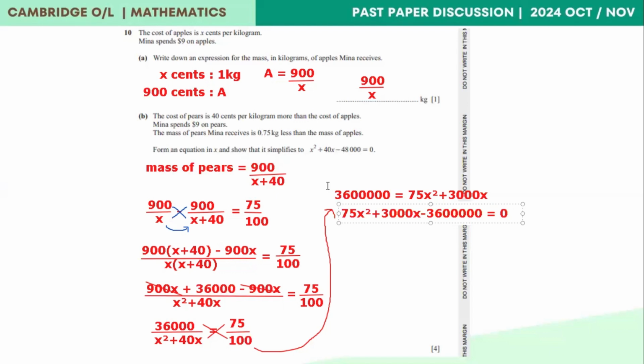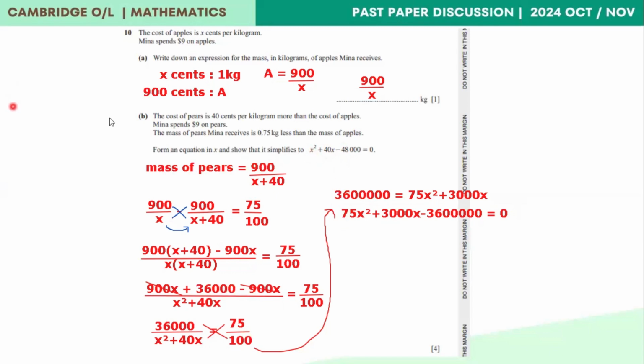According to this format, the x square term should be 1, this would be 40, and this would be 48,000. We can't directly tell what number to divide by, but we can tell that to make 75x square into 1x square, we should divide by 75.